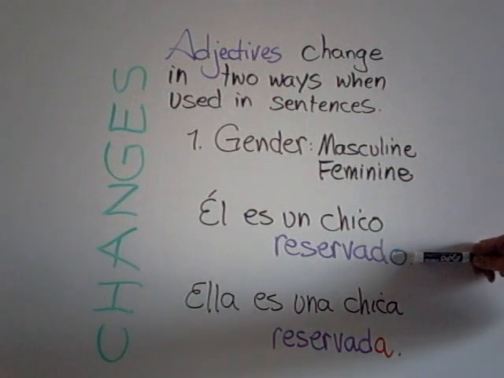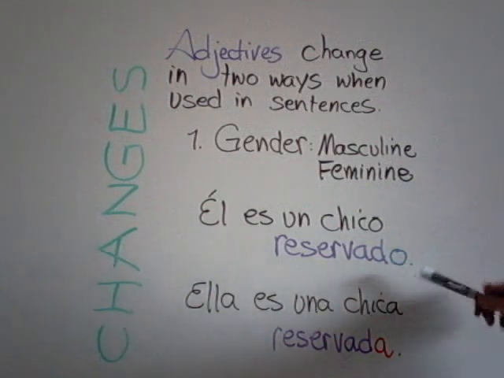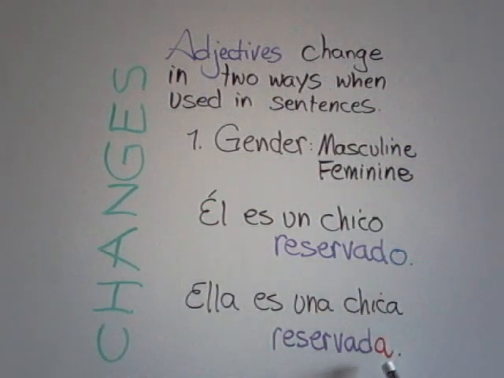And when it ends in an O in the masculine form, if we apply it to a feminine object, it will end in A. So she is reservada. He is reservado. Any adjective ending in O in the masculine will change to A in the feminine.